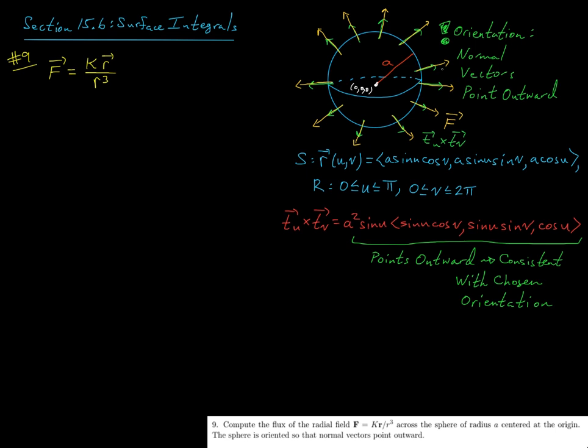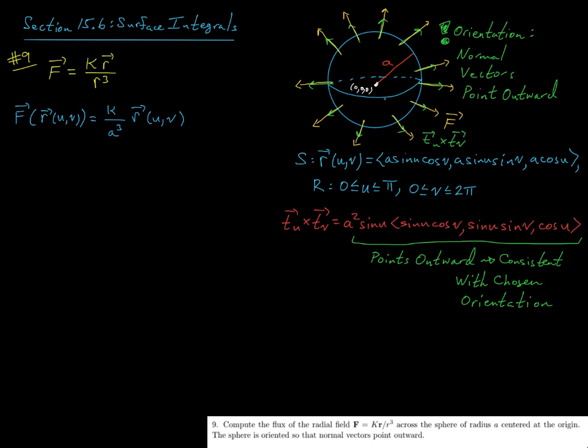If the orientation were chosen so that the normal vectors pointed inward, then instead of using this vector, we would just use its opposite in computing the flux integral. All right, so now let's set up that integral. I have F of r of uv, which is k over r cubed times r.